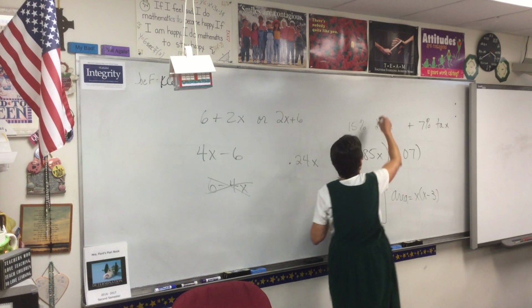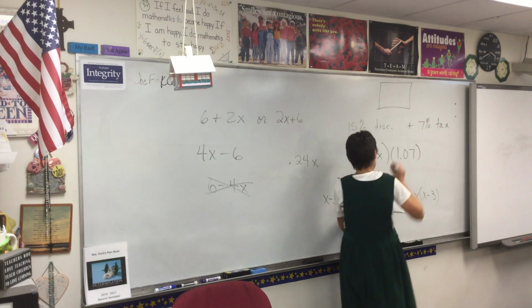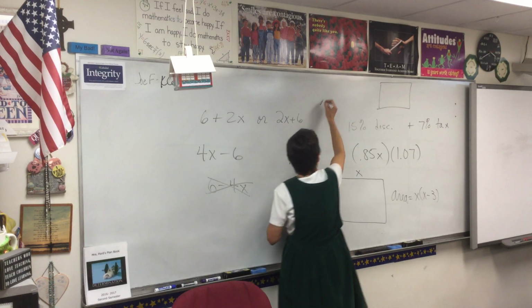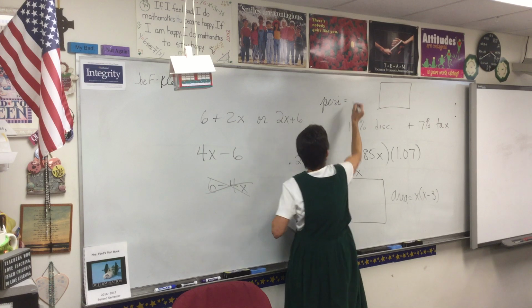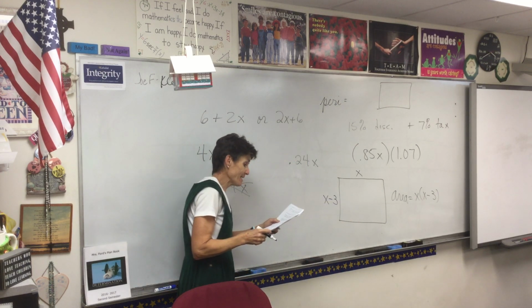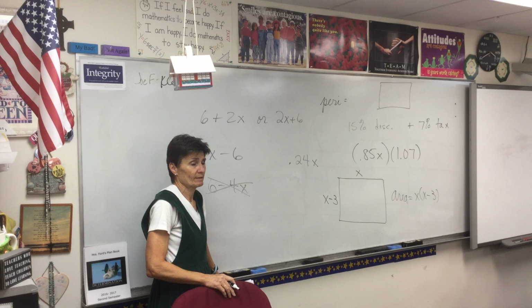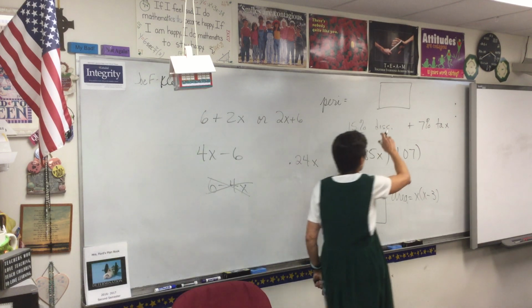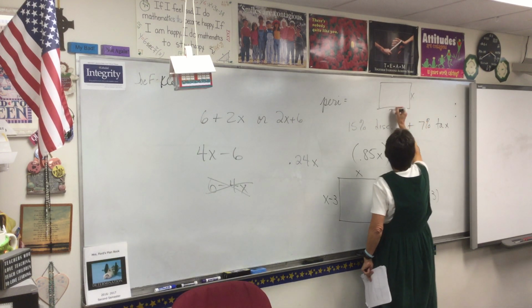Now we have another rectangle. The perimeter, we are to find an equation or expression for the perimeter. The length is twice the width. So what's that going to look like? x and 2x?